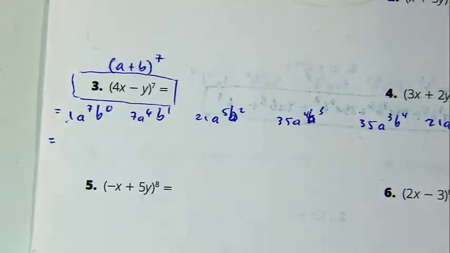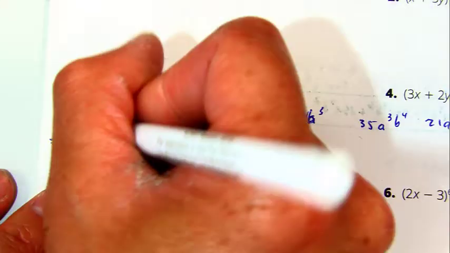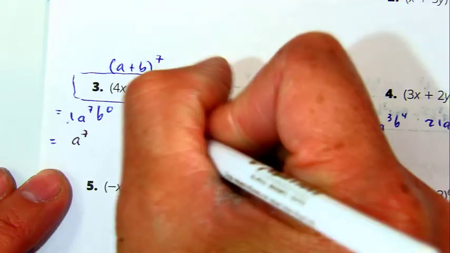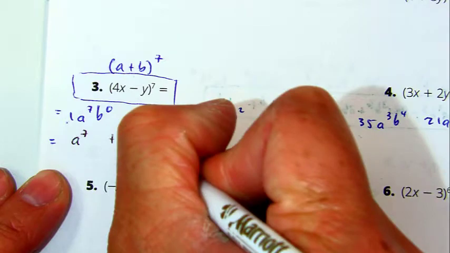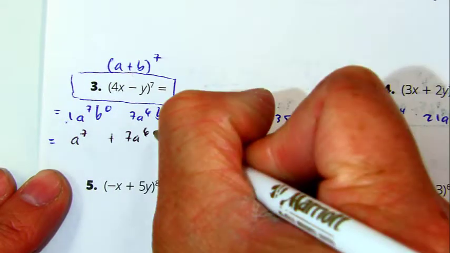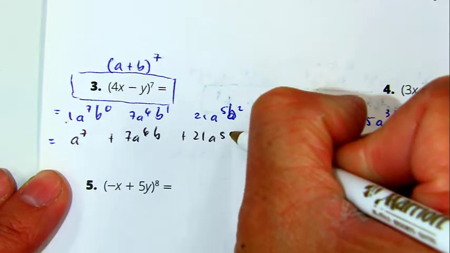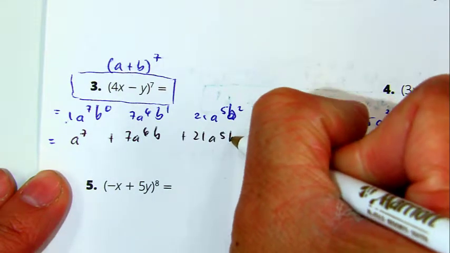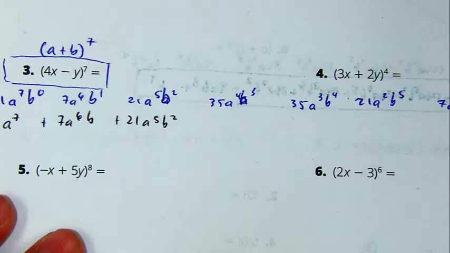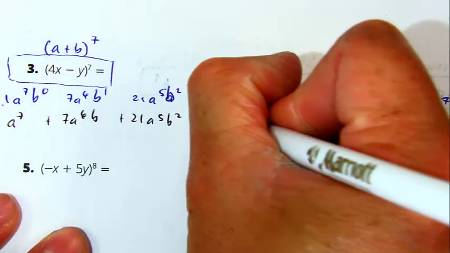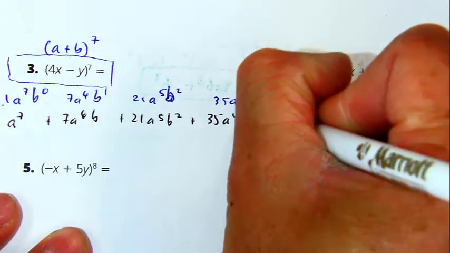Daphne? Good. Plus 21, A5, B2. Plus 35, A4, B3.